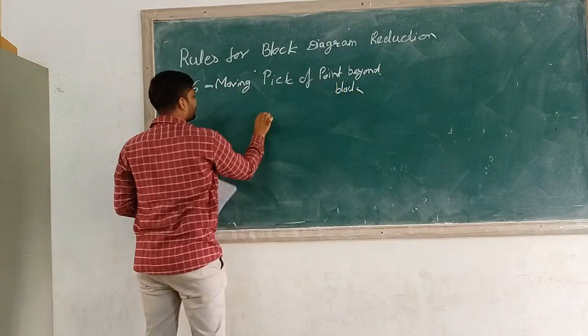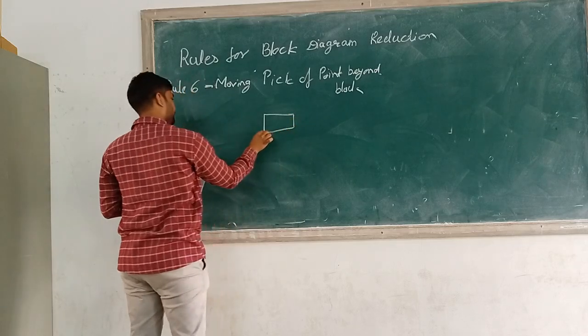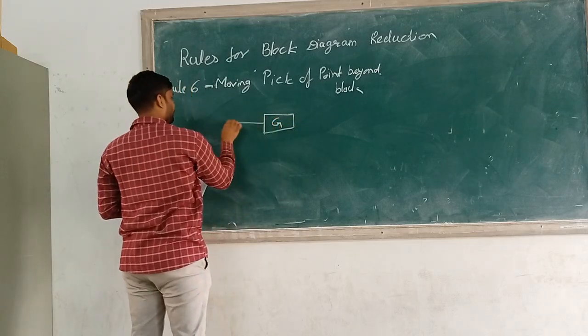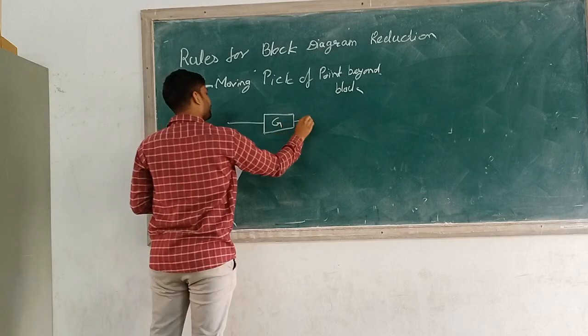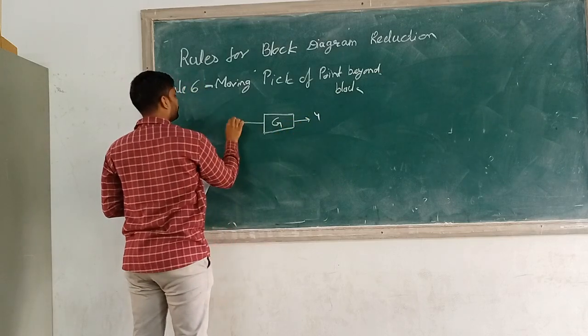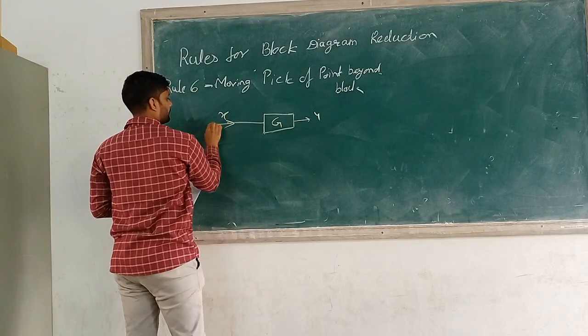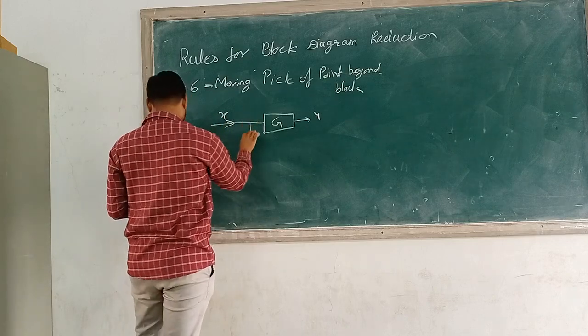So here we are having a block G. This is Y, this is input X, and we are having this pick off point here.